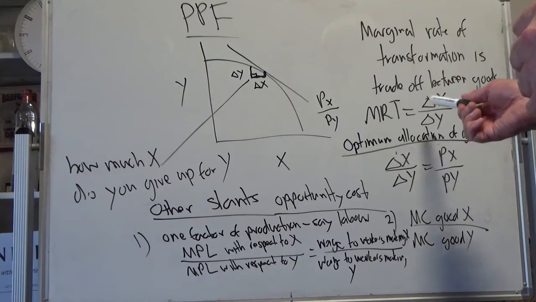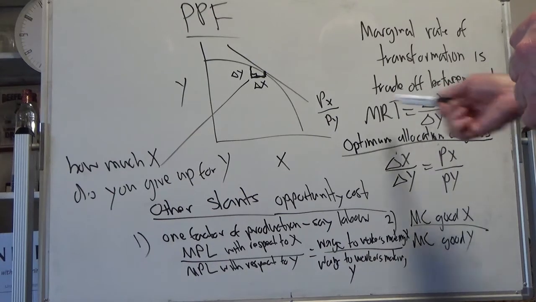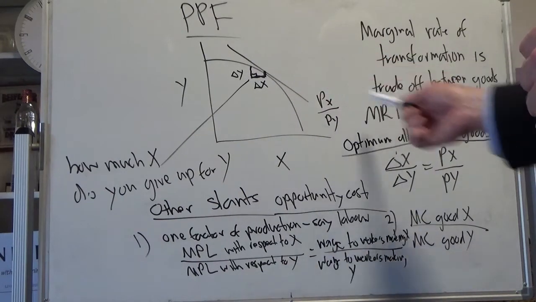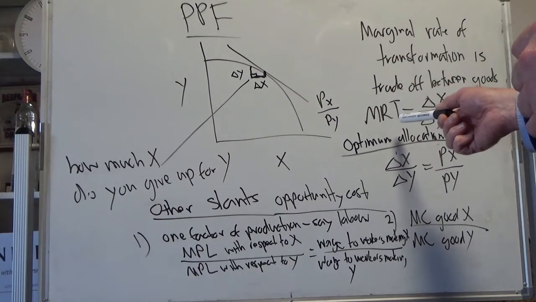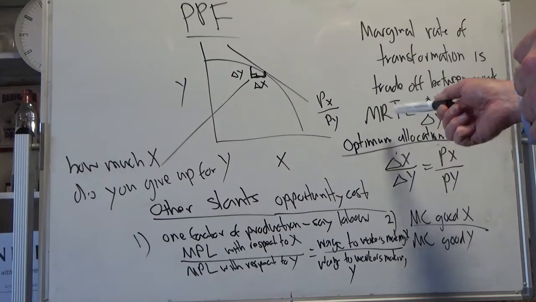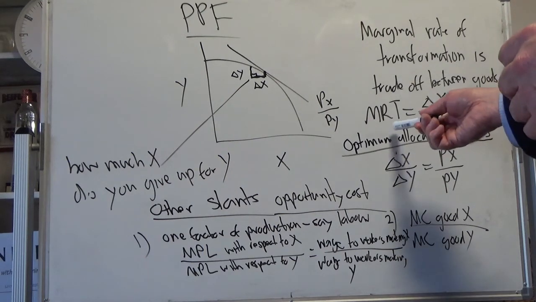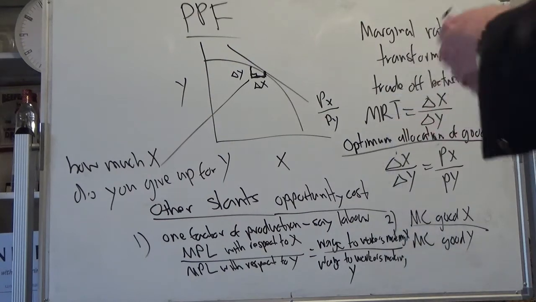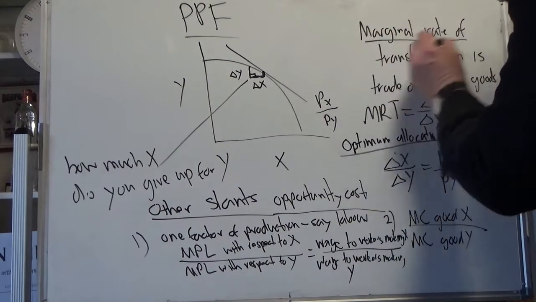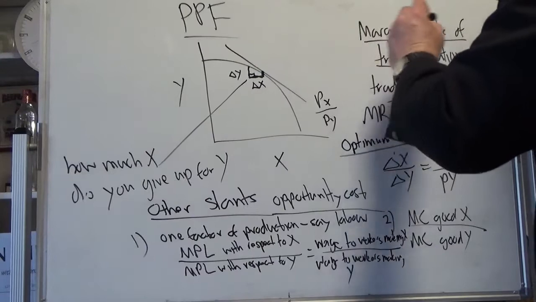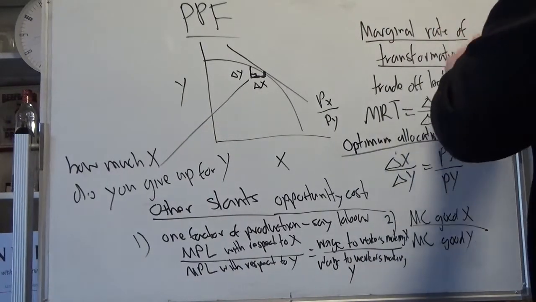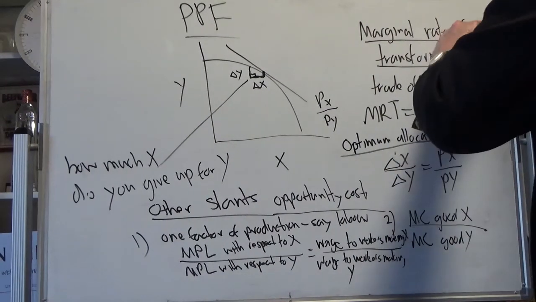Now, we mentioned the trade-off of goods, change in X and change in Y. That term is what's called the marginal rate of transformation, or marginal rate of product transformation. It's the trade-off between the goods, MRT, marginal rate of transformation.